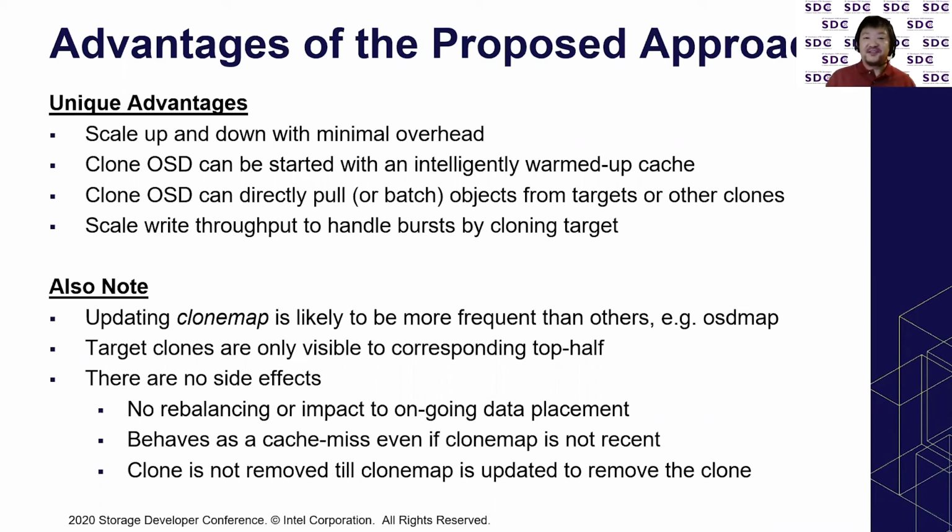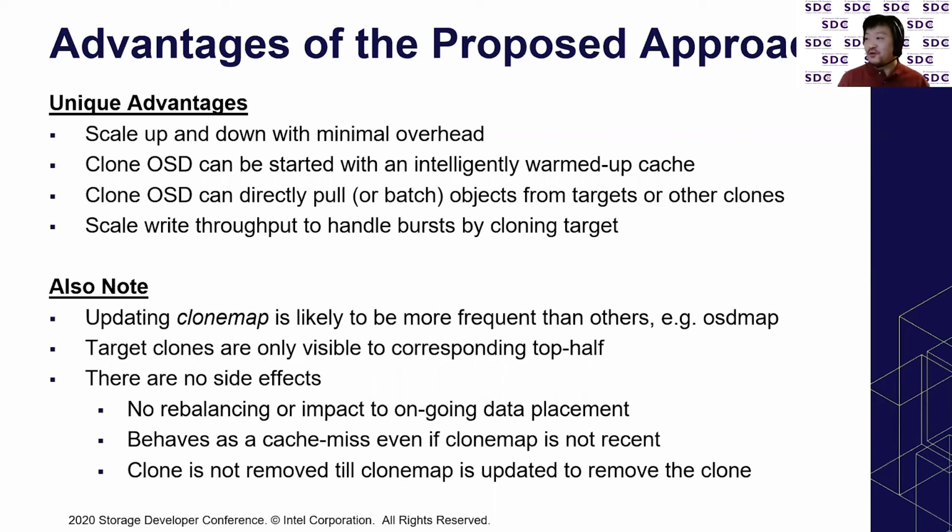And particularly on the right side, when you have a target that is unbalanced, receiving a lot of pressure, that I think is one particular area that not much existing literature has looked into, and we are hoping to solve. You can scale the write throughput by creating some clones for your target that will particularly handle the bursts, and I think that will be a good approach to this particular problem.